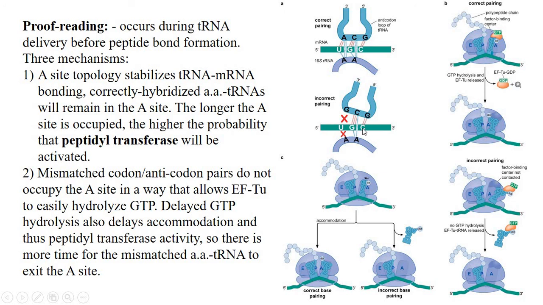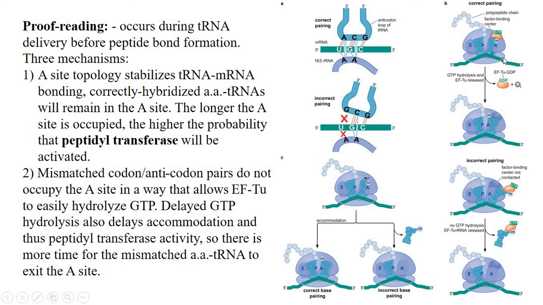So changes here are well tolerated, but changes here are not very well tolerated during translation. This will be an incorrect pairing, and this incorrect pairing will not allow the tRNA to make the correct pairing.